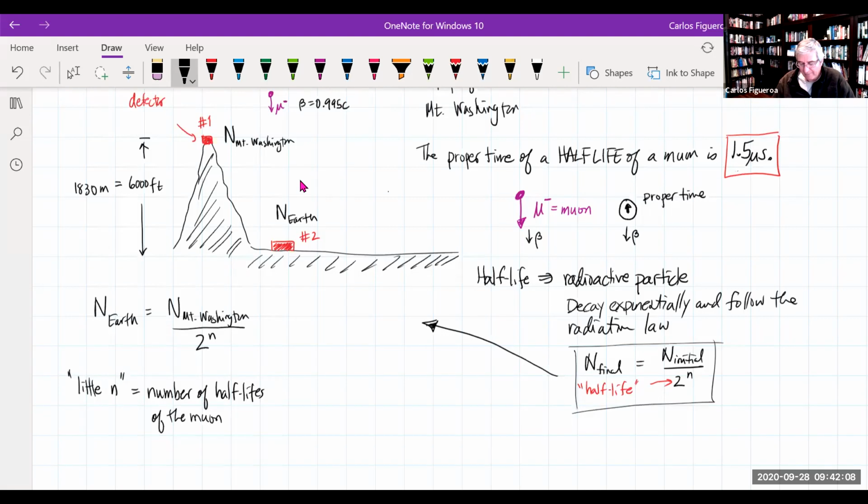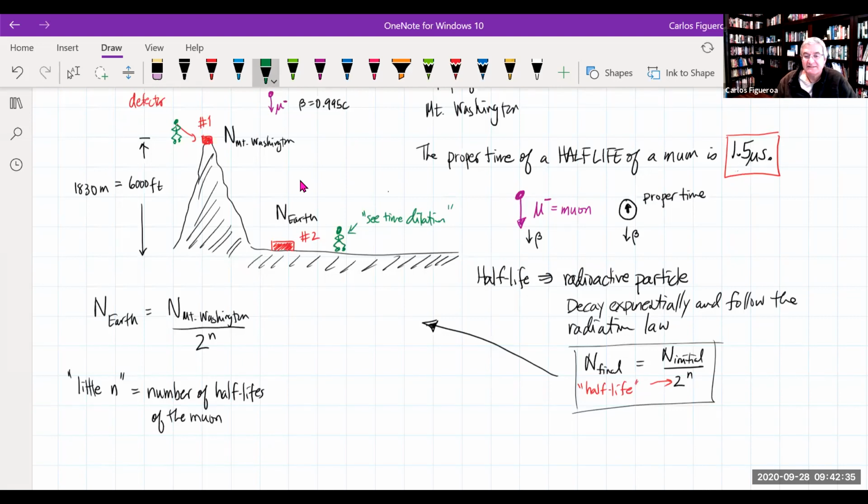And what we mean by that is that if we have an observer on the ground versus another observer at the top, the observer here at the ground is going to see time dilation effects.